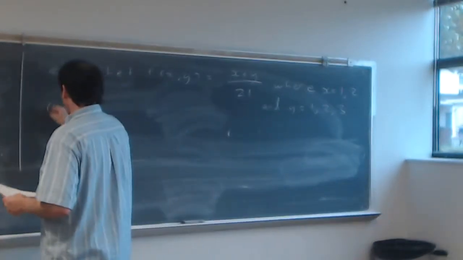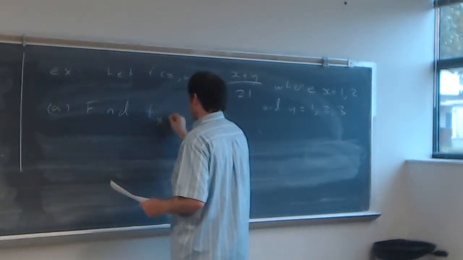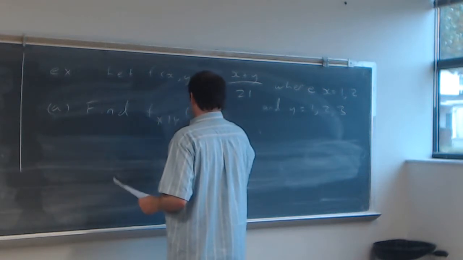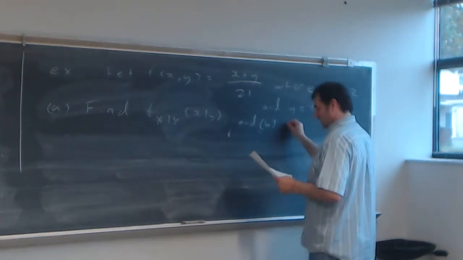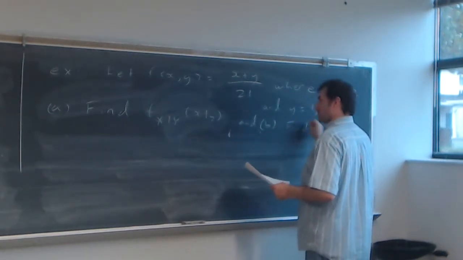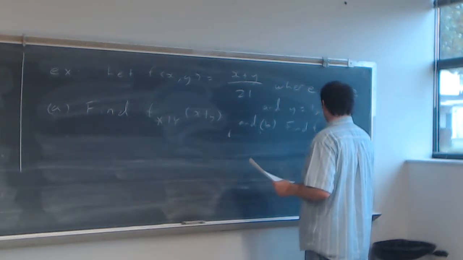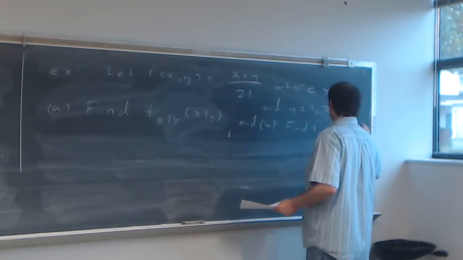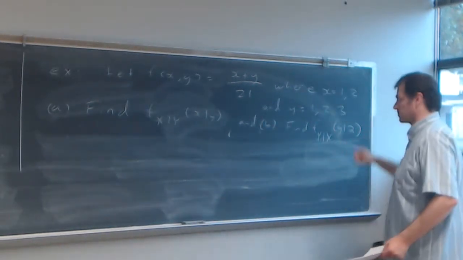Our two problems: for part A, find the conditional probability mass function of X given Y, and part B will be to find the conditional probability mass function of Y given X equals 2. This time I'll give a specific value, x equal to 2.